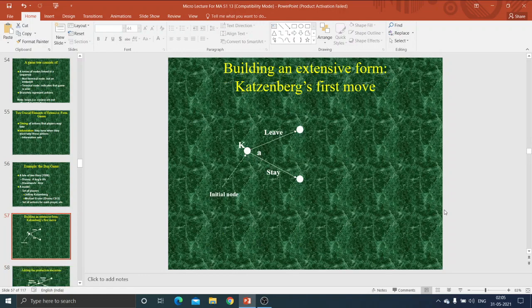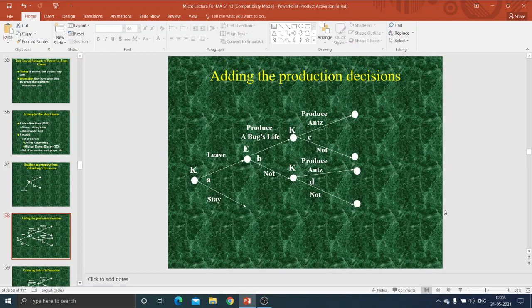Now let's create an extensive form. What is Katzenberg's first move? Katzenberg leaves or stays. That is the initial node. Suppose Katzenberg leaves, then Eisner produces A Bug's Life.